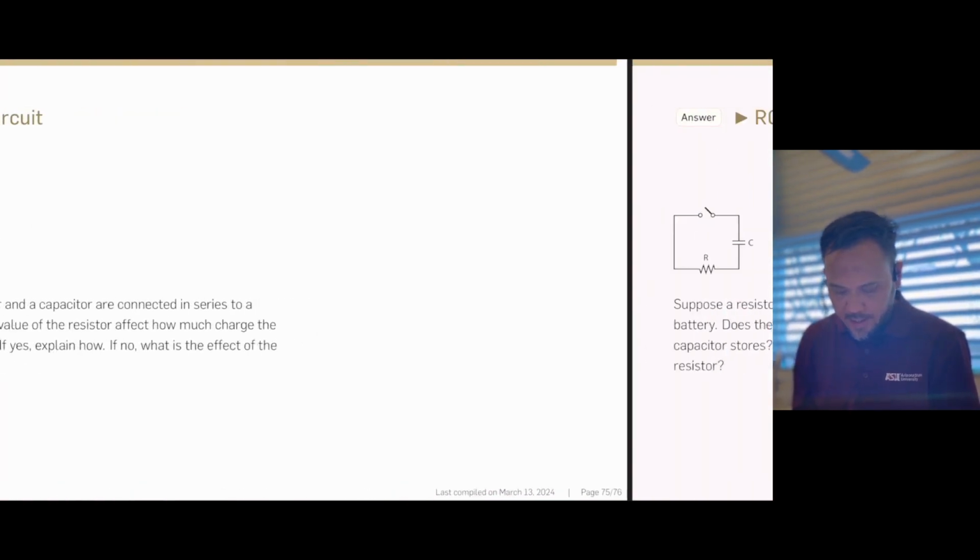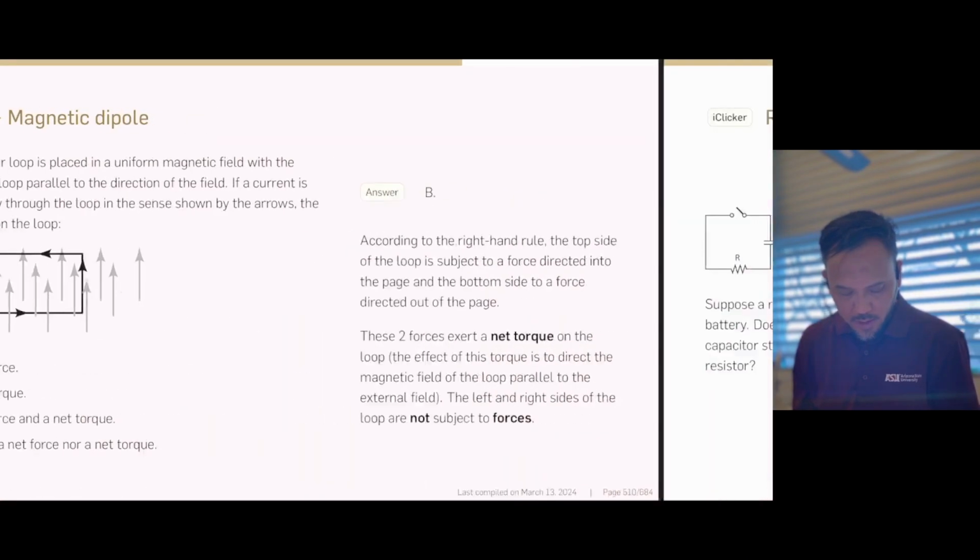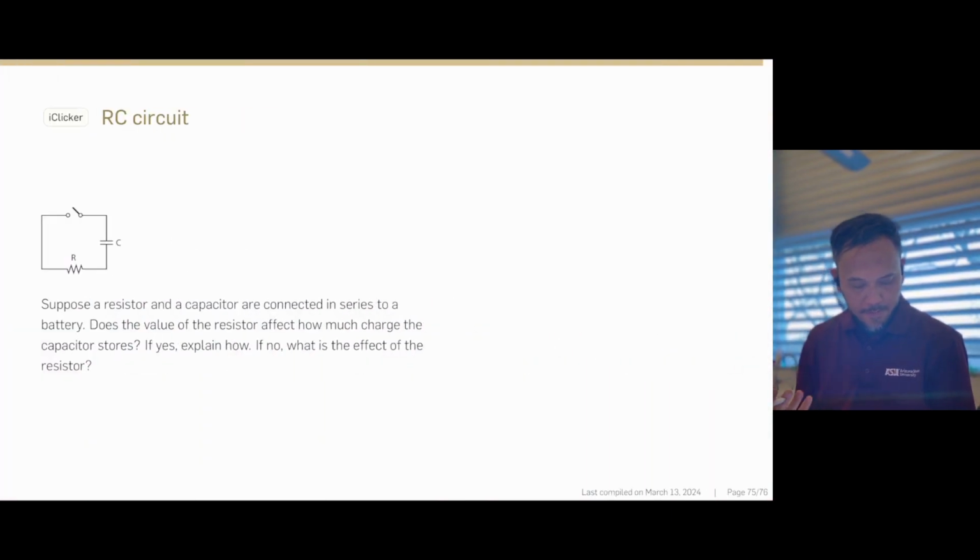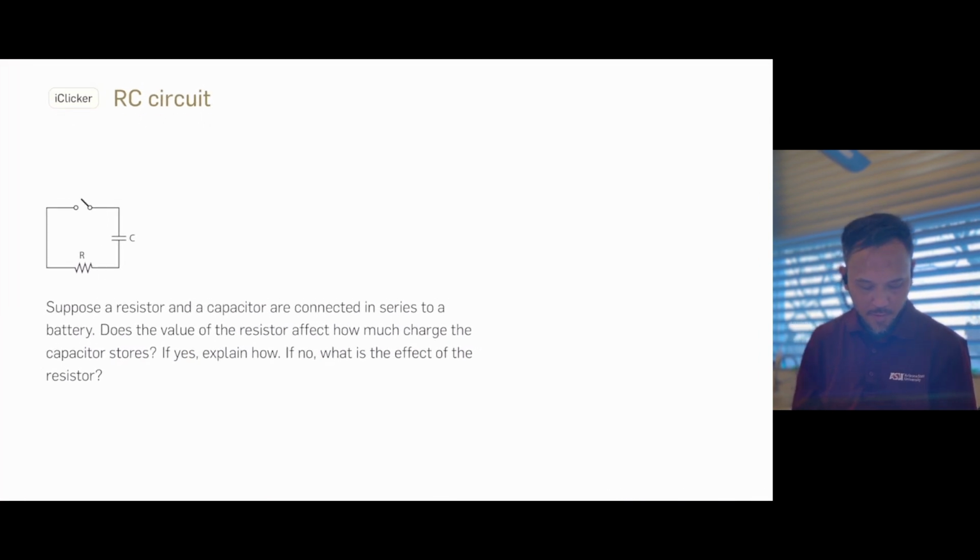And I think at the end of the lecture, there is a problem that sounds similar to this one. Suppose a resistor and a capacitor are connected in series to a battery. So there is a battery here. Does the value of the resistor affect how much charge the capacitor stores? All of you got it right.